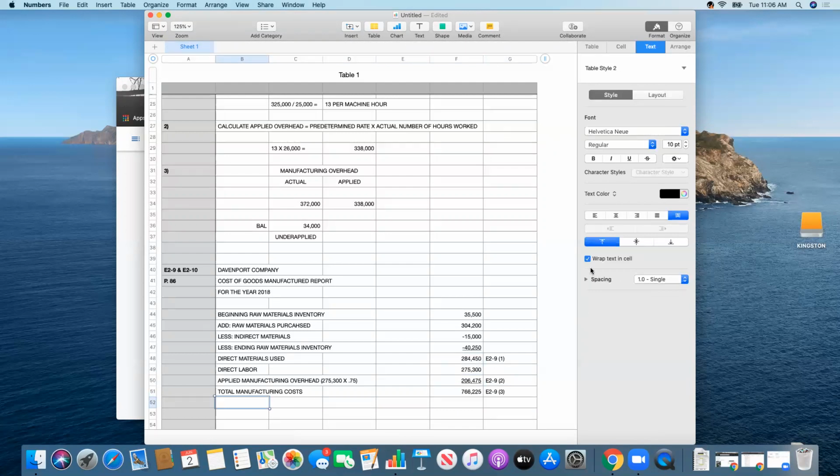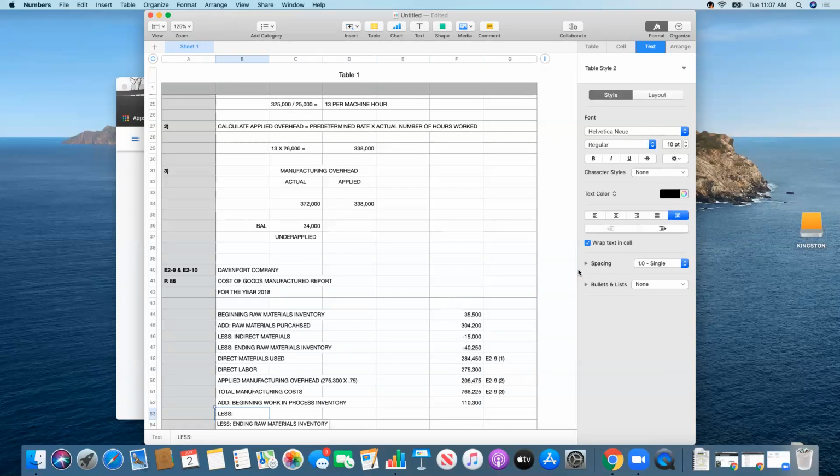To this, we want to add beginning work in process inventory. Beginning work in process inventory was $110,300.